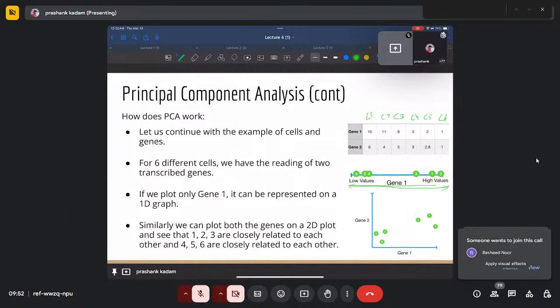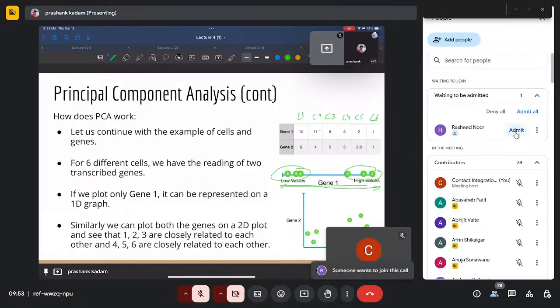As you can see, the values for cell 1, cell 2, cell 3 are higher, so they are on the right hand side of the axis, and cell 4, 5, 6 are lower, so we go a little bit on the left hand side of the axis, right? This is how I can explain this information on a one-dimensional graph.